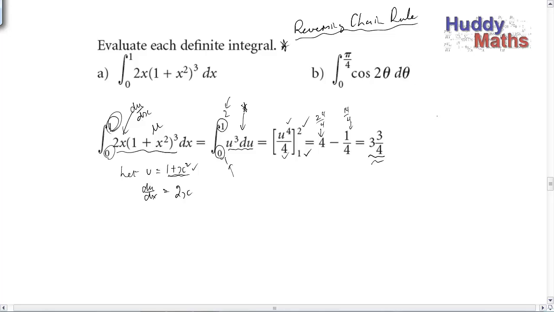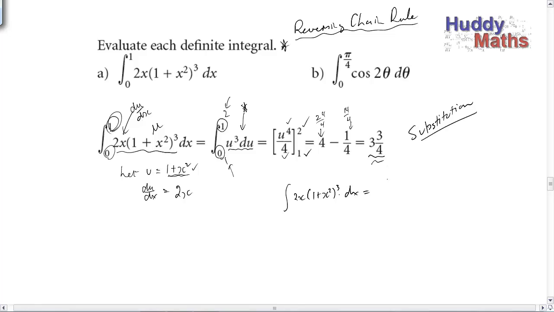If you need to use substitution, it can get confusing with the limits of integration. So I suggest when you have a problem like this, I would not make it a definite integral, or I'll change it to this. I'd go this way first: rewrite the function and integrate it.